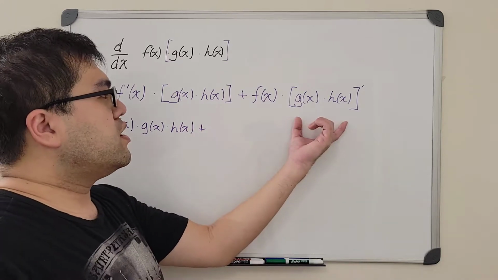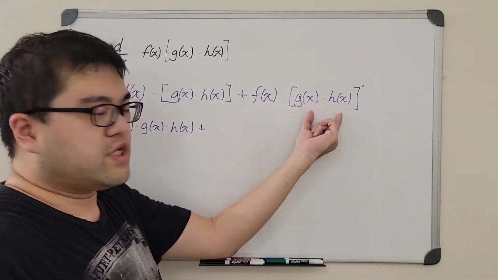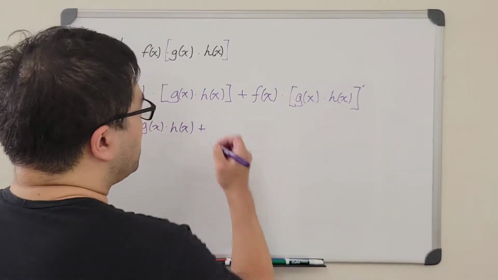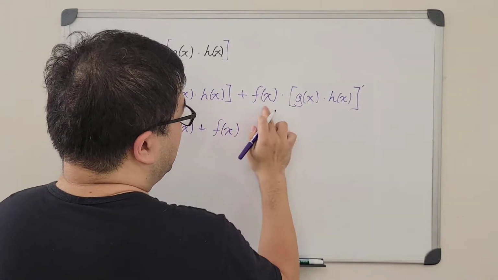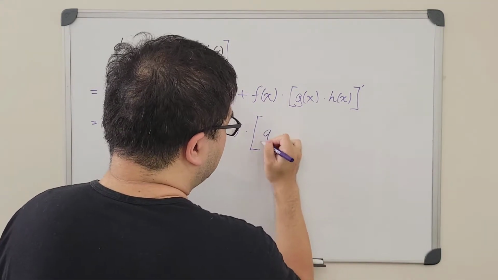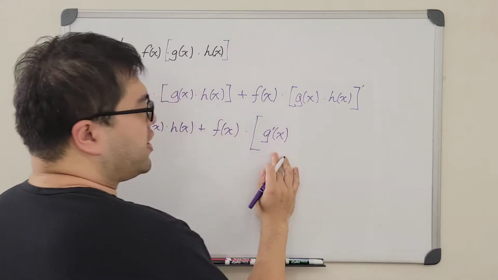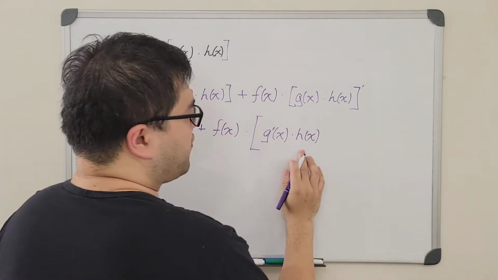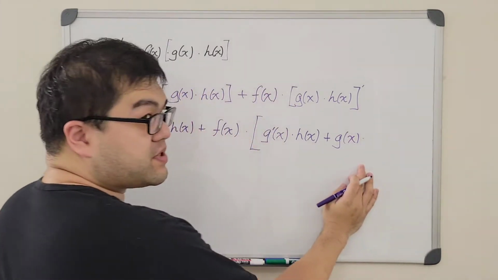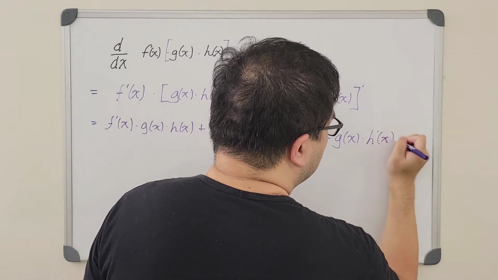Now for the second part, we still need to figure out the derivative of this product here, g of x times h of x. Since we have a product, we're going to use the product rule one more time. We're going to get f of x times the quantity right here, which is the first derivative, g prime of x times the second part, h of x, plus the first function, g of x, times the first derivative of the second function, h of x.